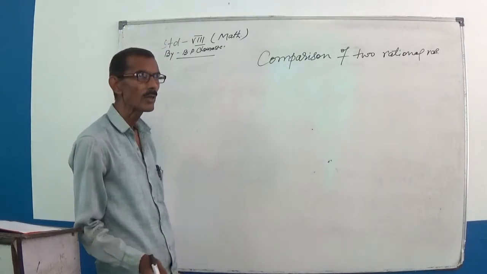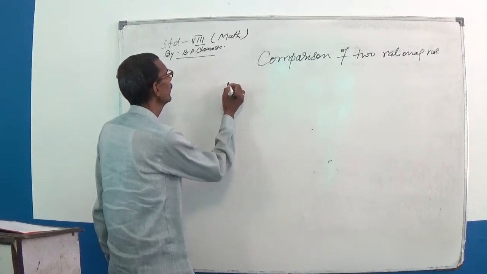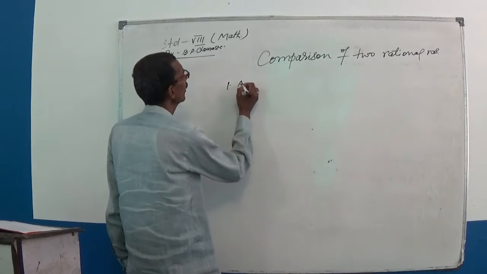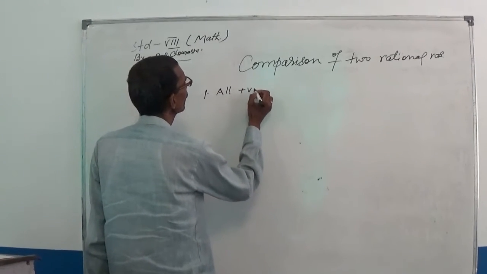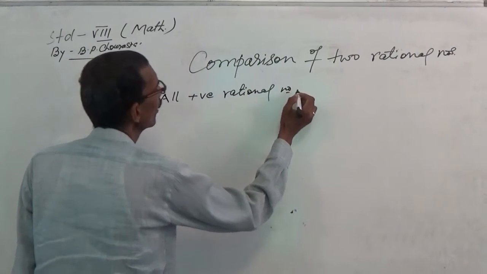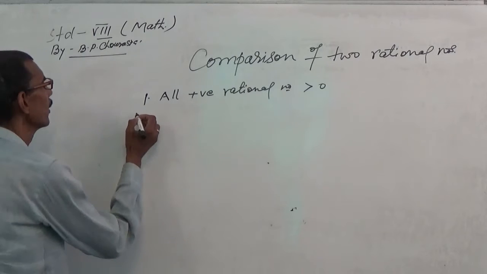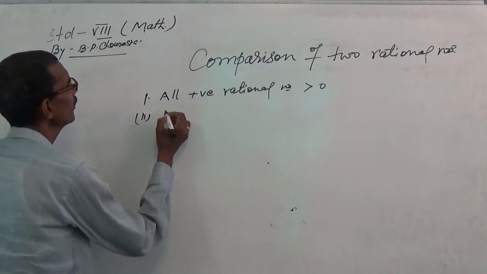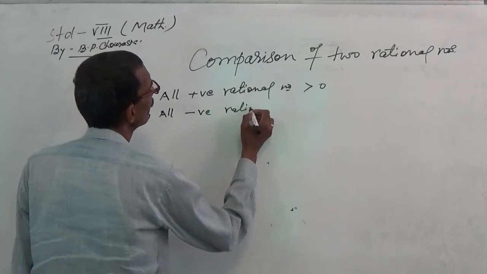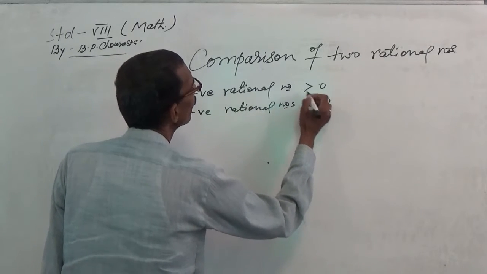First of all, recall your previous class, where you learned that all positive rational numbers are greater than 0, and second, all negative rational numbers are less than 0.